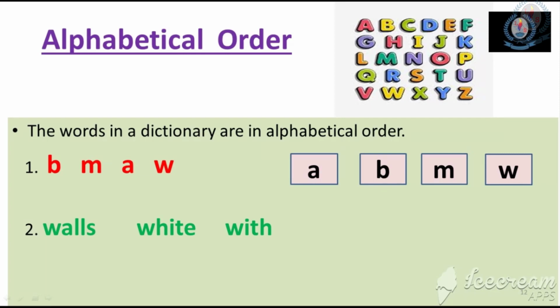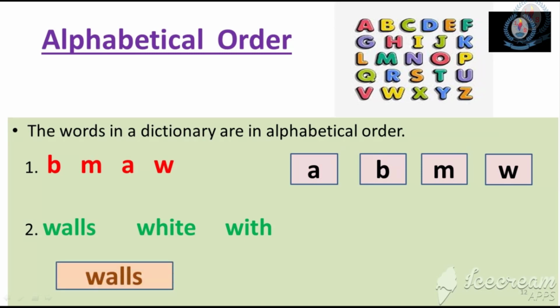In this example, if we look at the second letters of these words, we can see the letters A in the first word, H in the second word, and I in the third word. So what comes first? A or H or I? Yes, you are correct. A comes first.